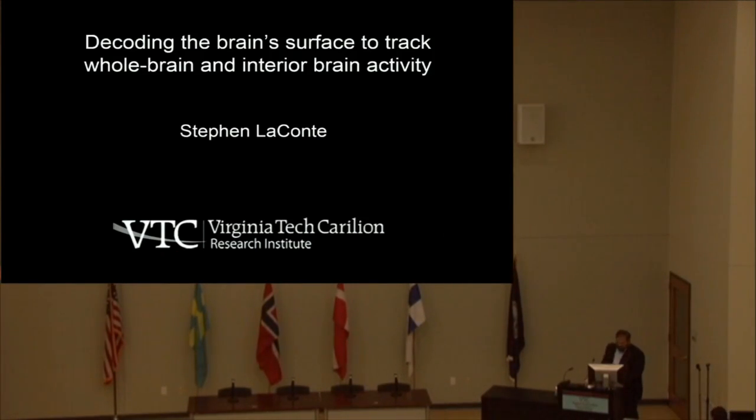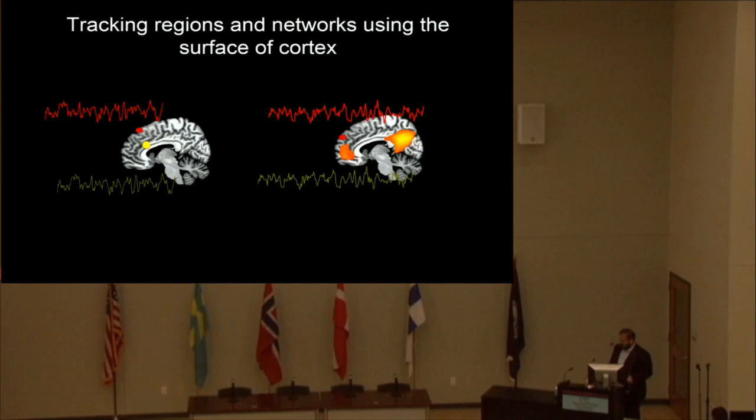Okay, great. I'd like to just jump into the talk and start with a simple thought experiment. What would it mean if we could find localized regions on the surface of cortex that let us track deeper brain structures, including distributed networks and subcortical regions?